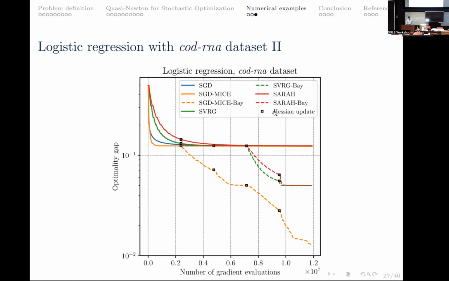And again, we showed these Hessian updates as this black square. So here we see that we did only 4 updates in this optimization procedure for each method.